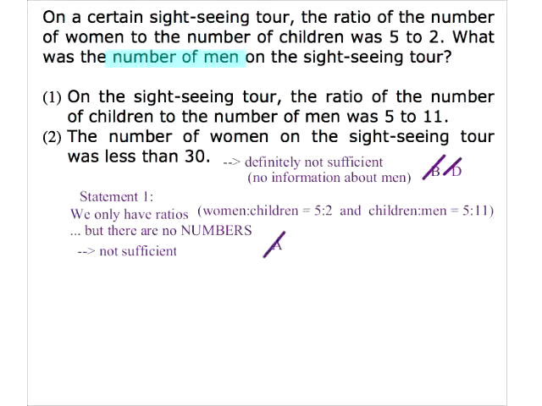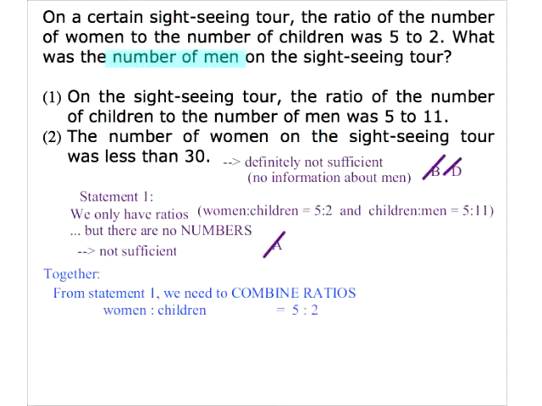Now let's talk about how to combine the statements. Together, we do need to combine the ratios from statement 1. We have women to children is 5 to 2, but then we have children to men is 5 to 11.